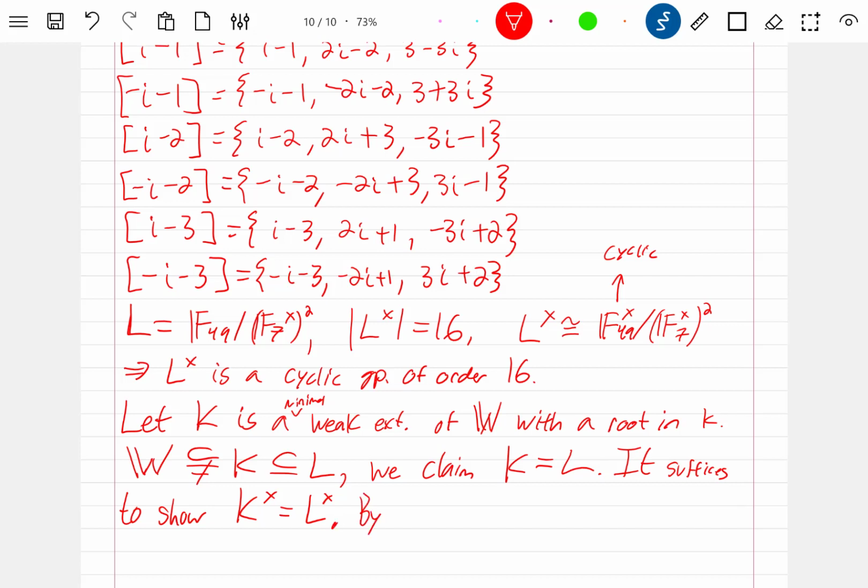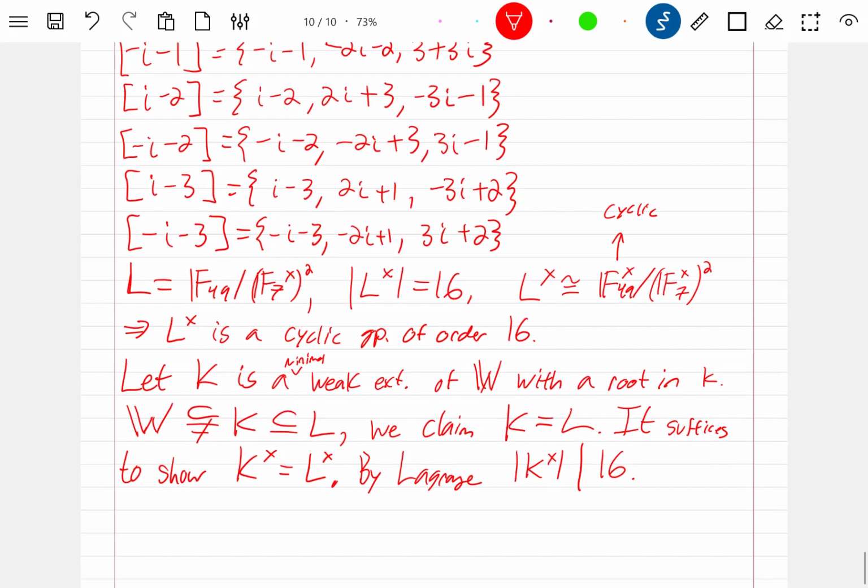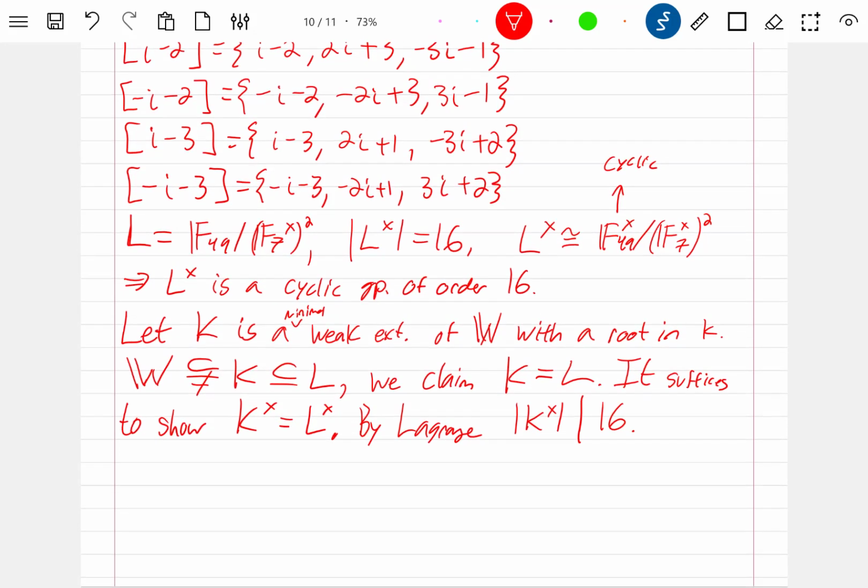So by Lagrange, since these are finite groups, we know that the size of K star has to divide 16. So that's our first observation. K star, the size of it has to divide 16. So we're looking at 1, 2, 4, 8, 16. We're going to show it's actually 16.